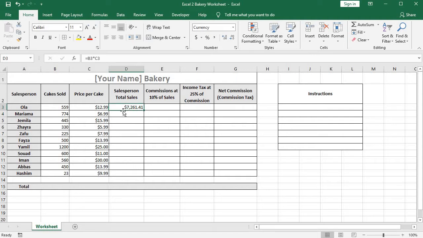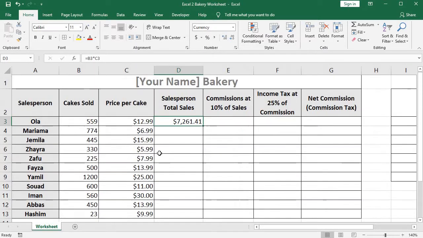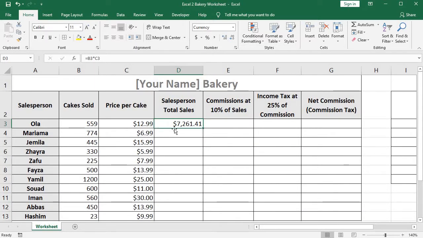And what you notice here, let me zoom in a little bit here, is that the product, the 7,261, is presented. But if you see above in the formula bar, it tells you what cells you're doing the operations with, or what function you're doing.